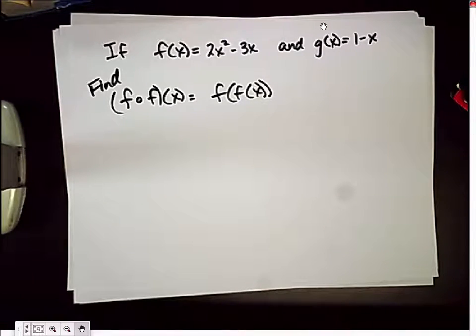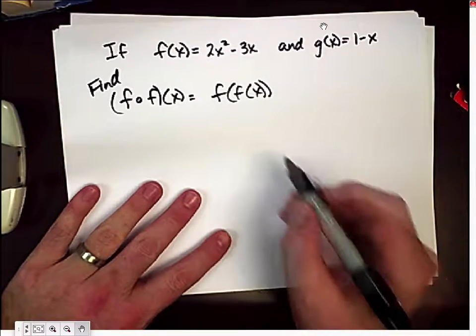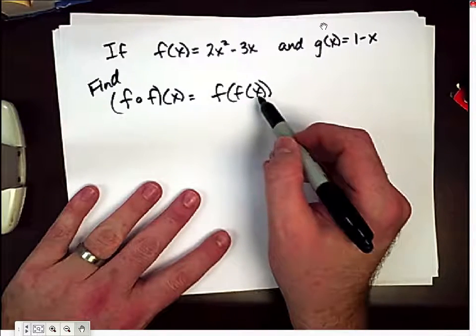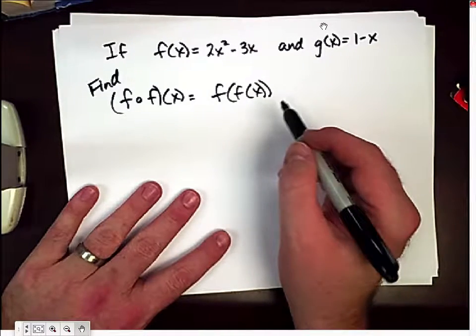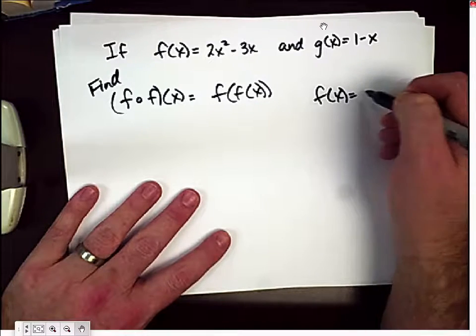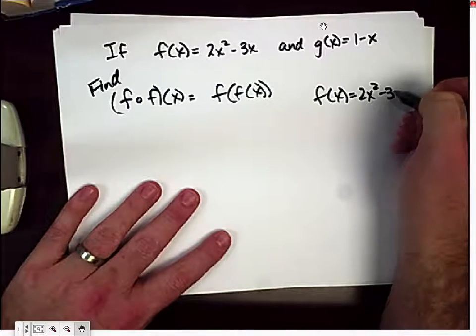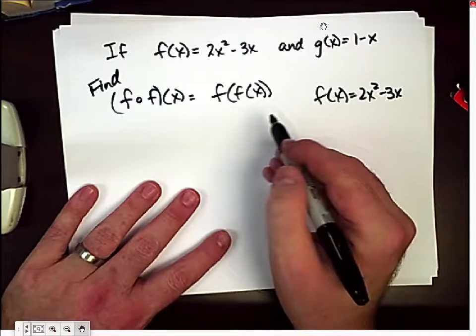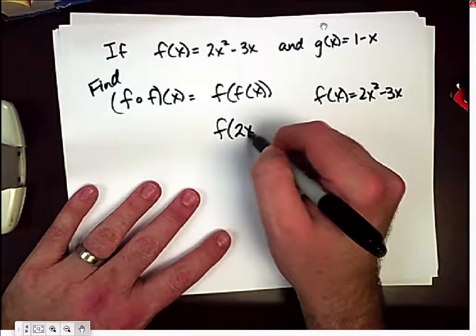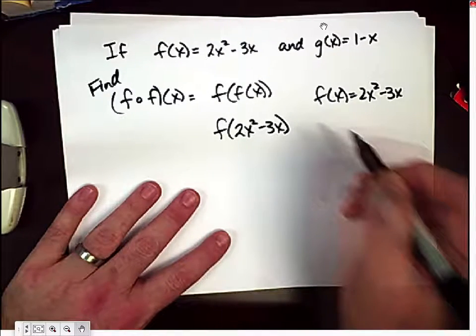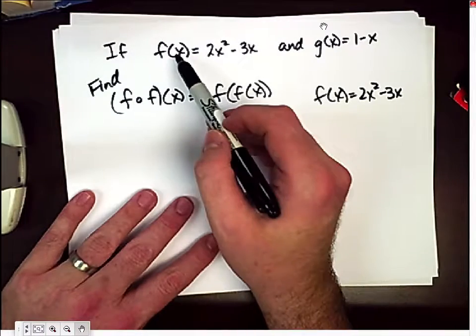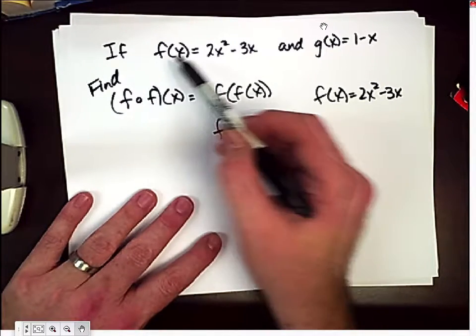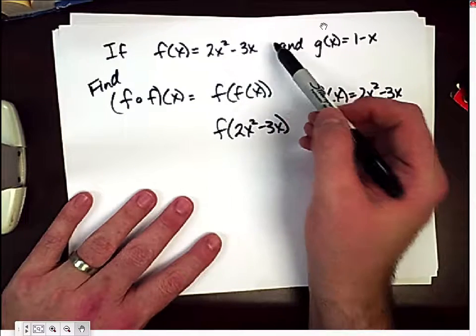So wouldn't it just be f of x though? No, because when you plug in x to f, what is your output? 2x squared minus 3x. So in place of f of x, we're going to write 2x squared minus 3x. f of anything is 2 anything squared minus 3 anything.